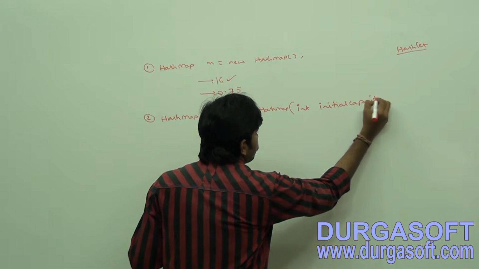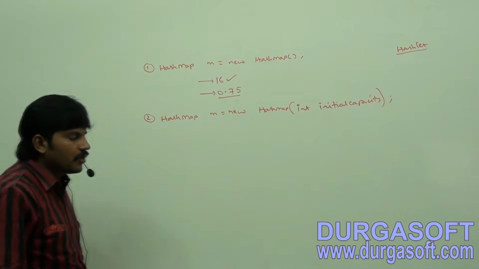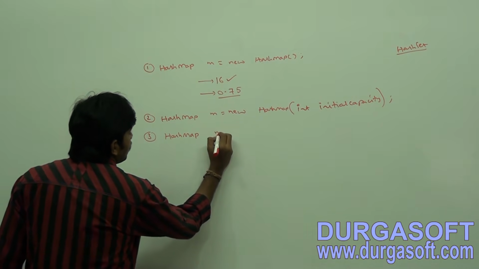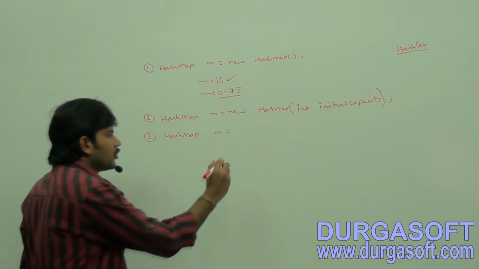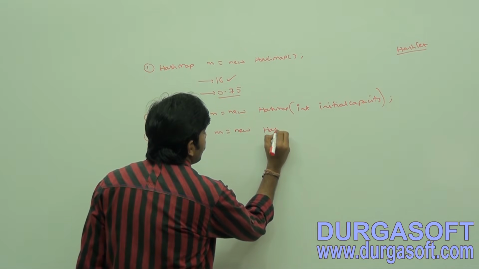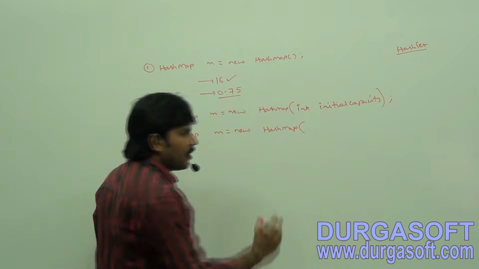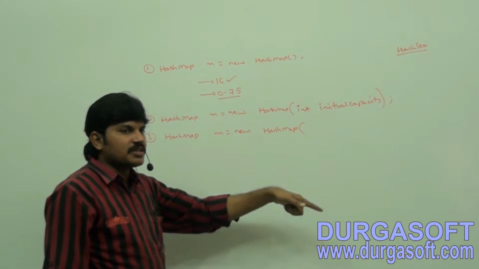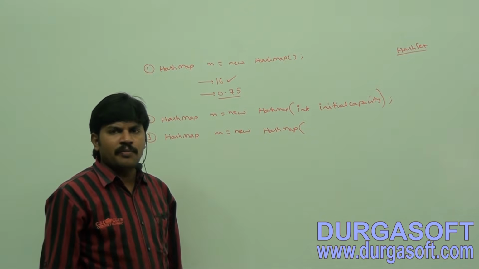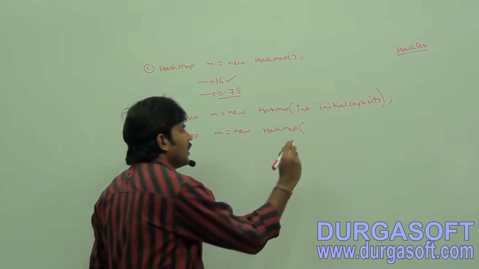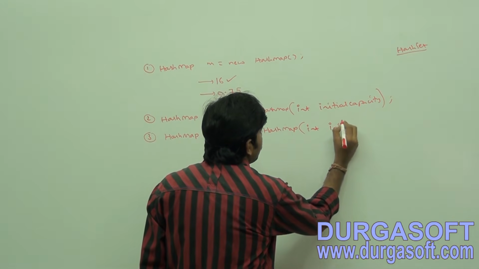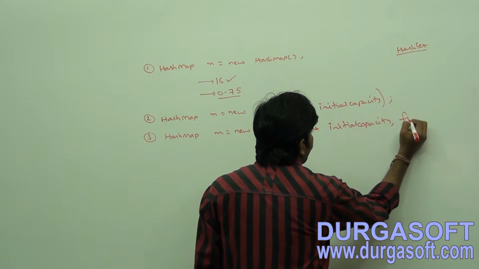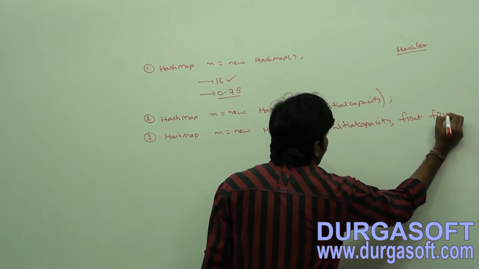Third one: hash map m is equal to new hash map of int initial capacity comma float fill ratio. I want to customize the initial capacity and the fill ratio also. I don't want 0.75, I want 0.9.